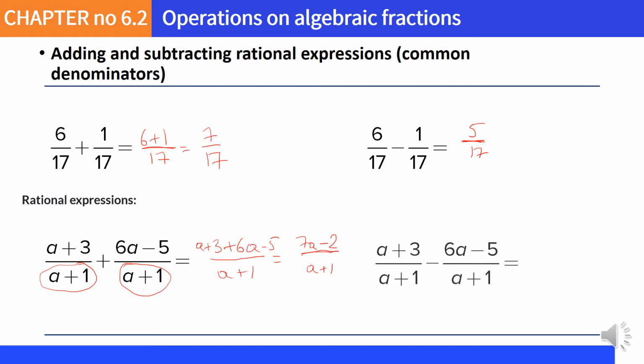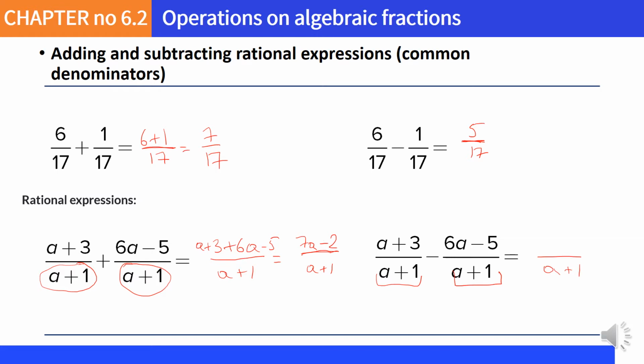The same thing for subtraction. We have the same denominators here and here, so we can just write this denominator as a plus 1 and subtract numerators. Pay attention to write the numerators in brackets, because this minus has to apply to both 6a and minus 5.